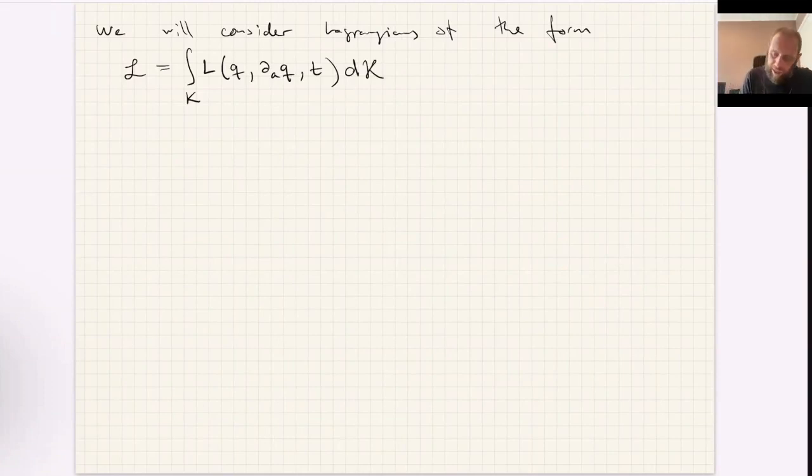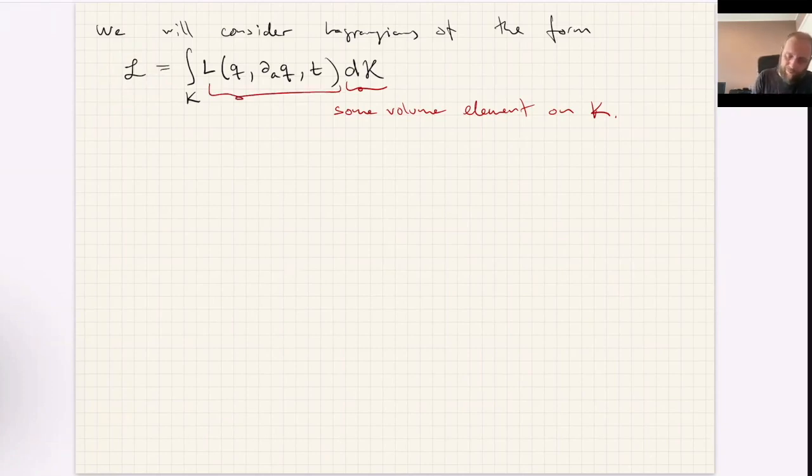So dk here would be some volume element on the index set. This L is the Lagrangian, and what is inside the integral here is often called the Lagrange density.